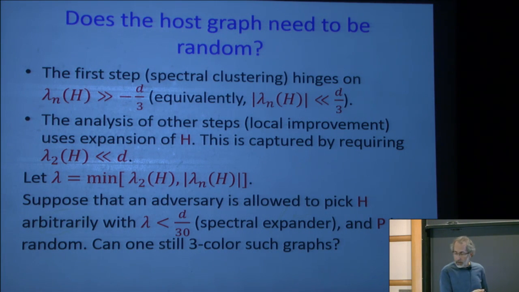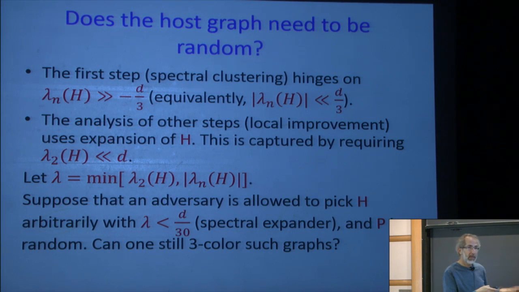And now the first question we ask ourselves is, does the host graph need to be random for this algorithm to work? So if we look at the details of what this algorithm uses, the first step, spectral clustering, hinges on the following fact: in the host graph, there's no eigenvalue which is more negative than minus d over 3.